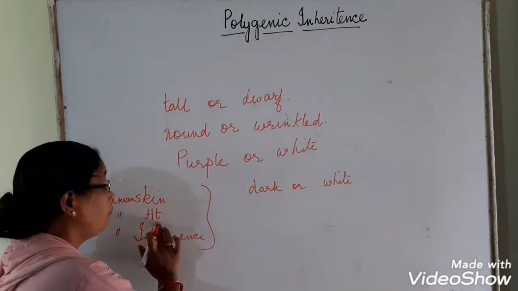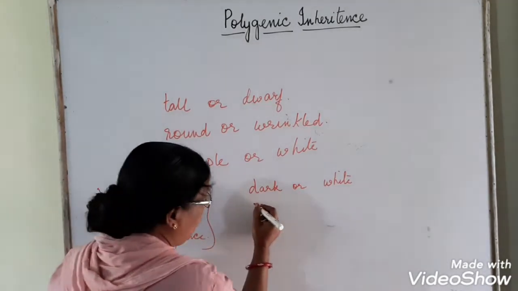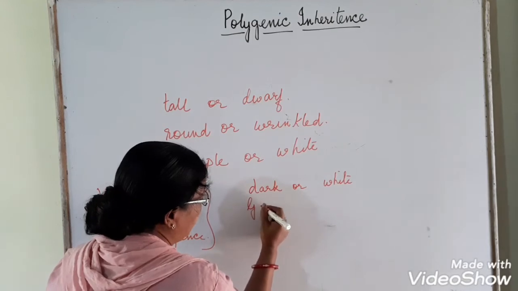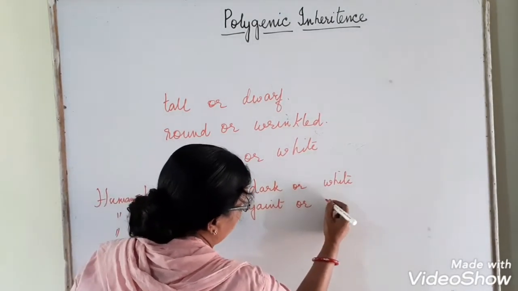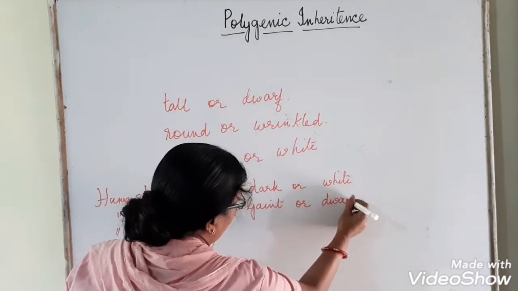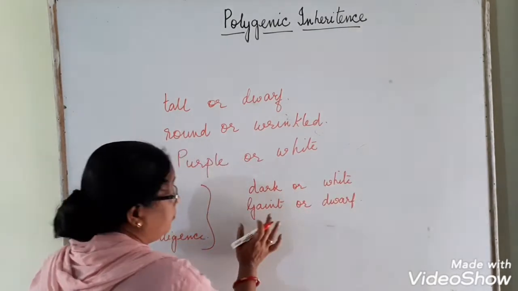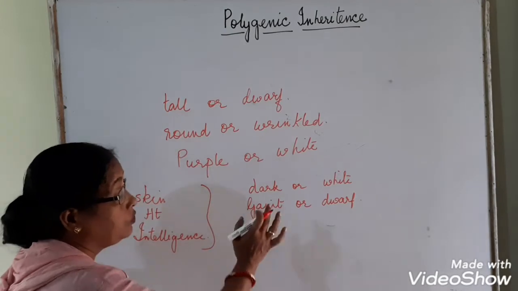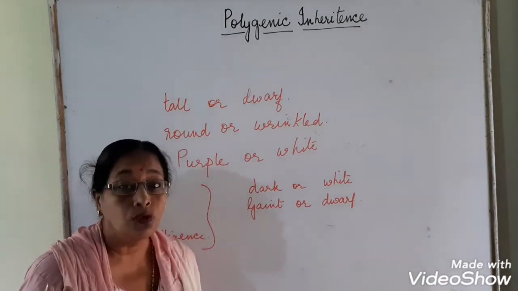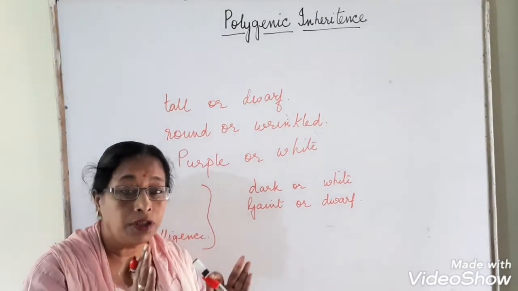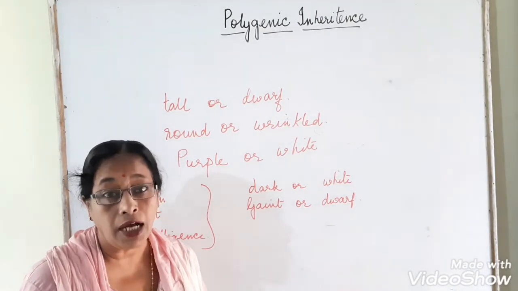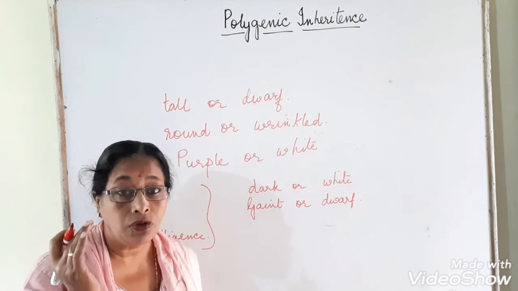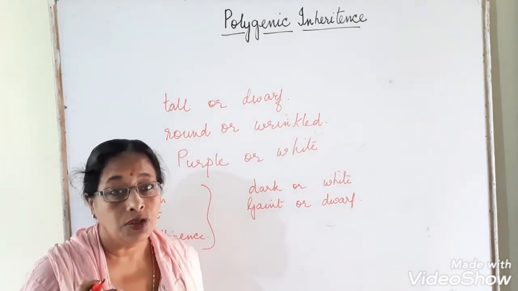If we take height, then one extreme is very tall, you can say giant, and the other is dwarf, very short. But in between the very tall and the very short, there are graded heights. That means different variations are seen. Some are not very tall, some are not very short.